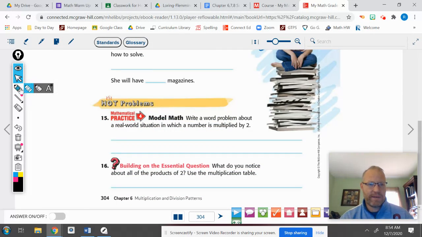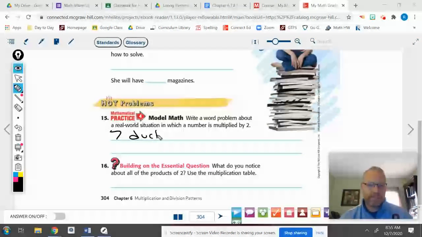And then finally, coming down here, we have write a word problem about a real world situation where a number is multiplied by 2. So think of anything that has groups of 2 and come up with a math problem for it. Hopefully you did this. If you didn't, 7 ducks have how many feet?